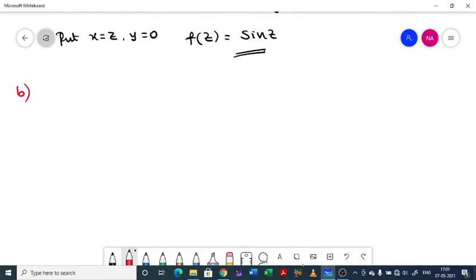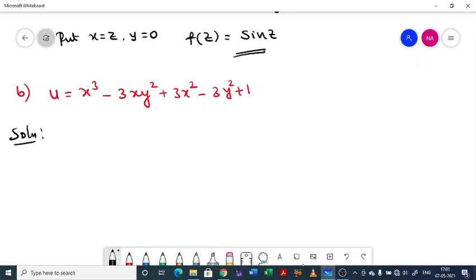Next problem B, u equal to x cube minus 3xy square plus 3x square minus 3y square plus 1. You have to show that this is harmonic. Solution: I will directly find its derivatives.